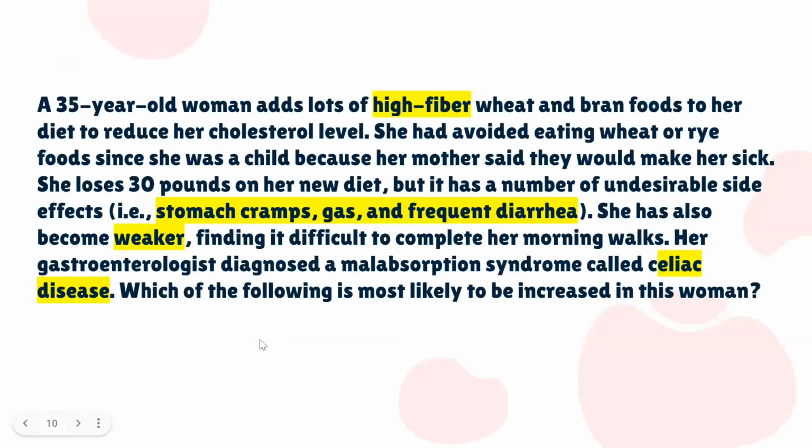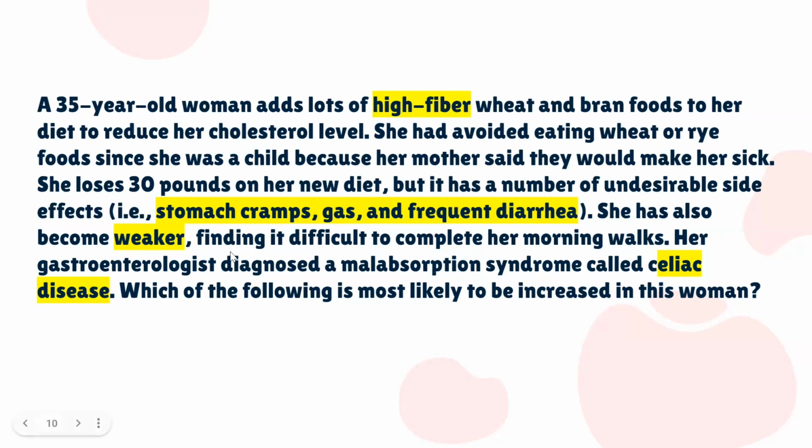Okay, next question. A 35-year-old woman adds lots of high-fiber wheat and bran fruits to her diet to reduce her cholesterol level. She has avoided eating wheat or rye foods since she was a child because her mother said they would make her sick. She loses 30 pounds on her new diet, but it has a number of undesirable side effects, such as stomach cramps, she is bloated or very gassy, and frequent diarrhea.